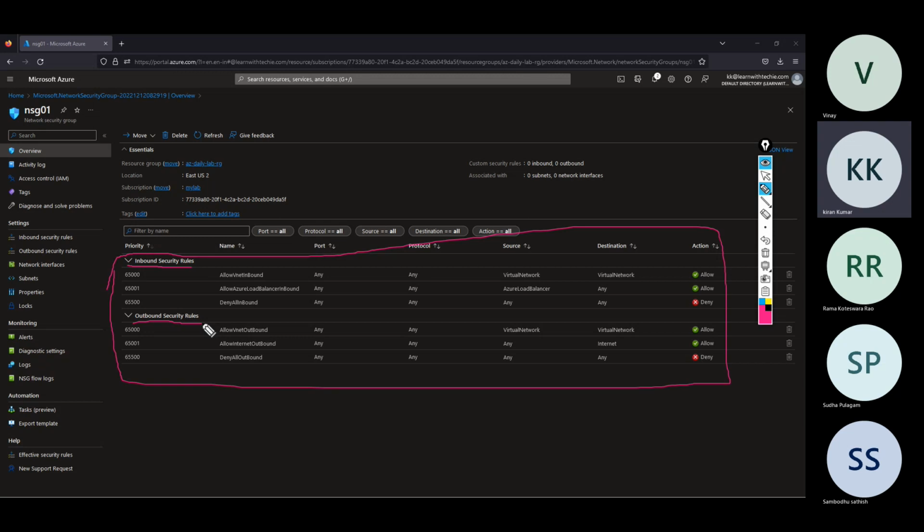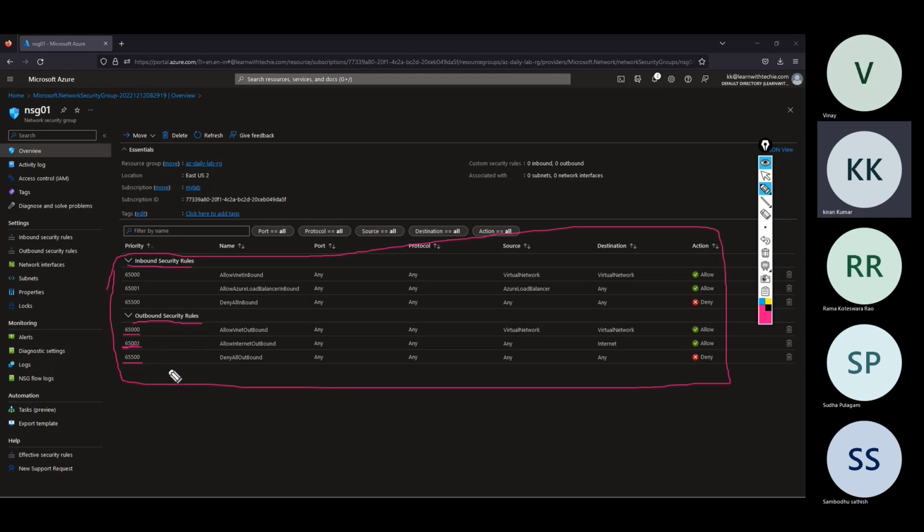By default there are a few things to understand here: only the numbers 65,500, 65,001 and 65,000 are available. These numbers are very important, guys, because based on this number it is defined which rule overrides which rule.